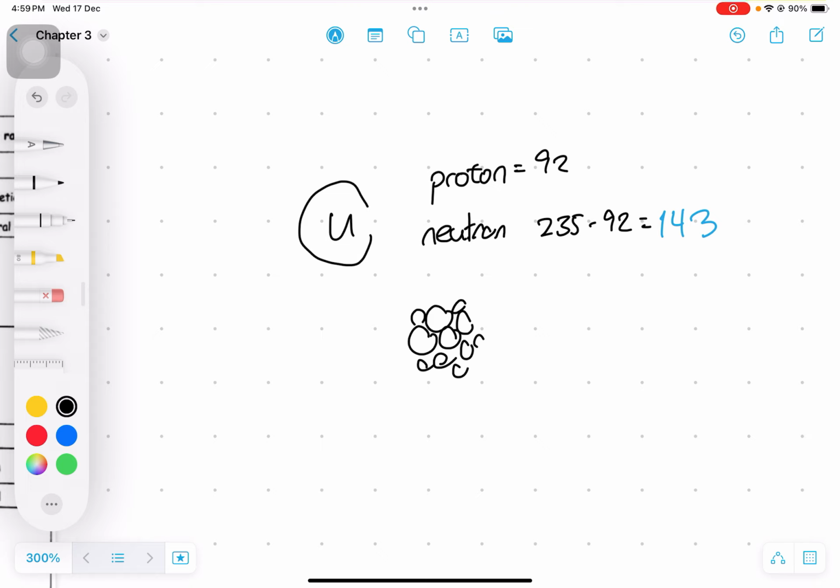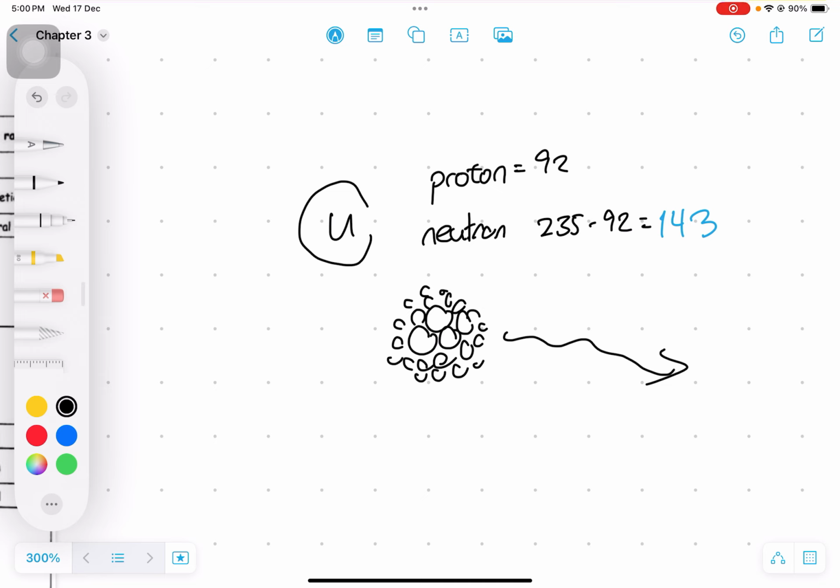The atom cannot hold the particles together closely. So that's why it needs to emit energy, or emit protons or neutrons, in order to become a more stable atom.